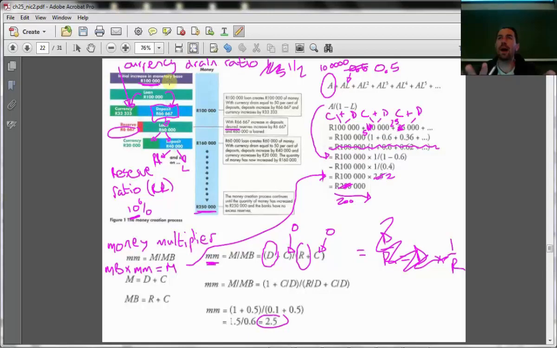So the money multiplier, when C equals 0, is 1 over R. Because then D in this equation, by default, takes the value 1. Right? Because remember, D plus C, right? The proportion that is deposits plus the proportion that is cash must be equal to the total amount of that loan, which was the initial amount. So D plus C must equal 1.